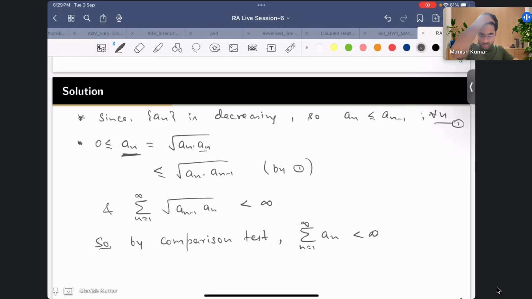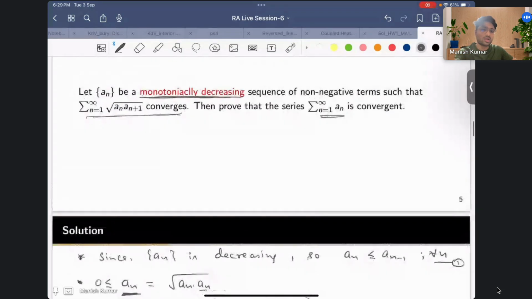So this is how you can deal with this kind of problem, where you don't have the explicit terms of an. Whenever you don't have any explicit term, try to use the usual comparison test. Because this was very abstract, you don't know how an is looking. You just have a few pieces of information, and from there you have to conclude. So in such a scenario, you had better use the comparison test.